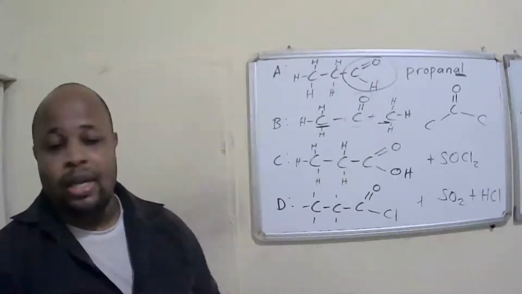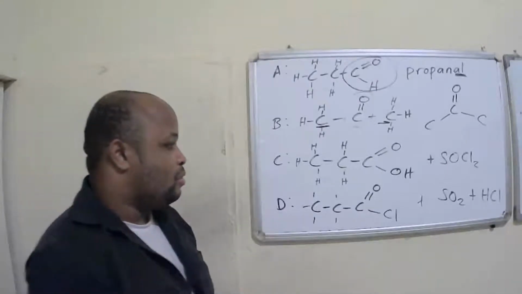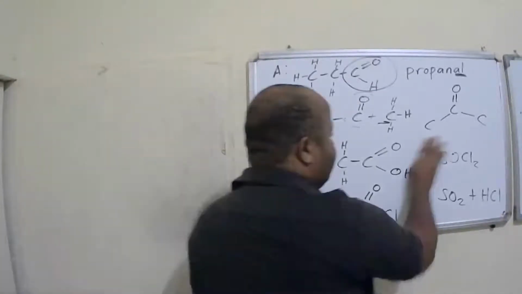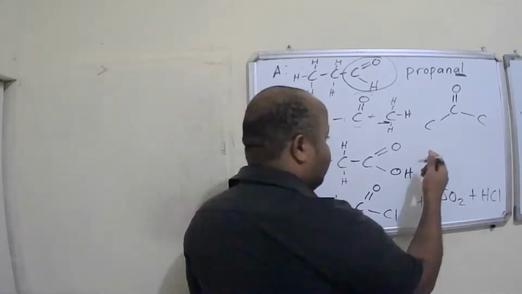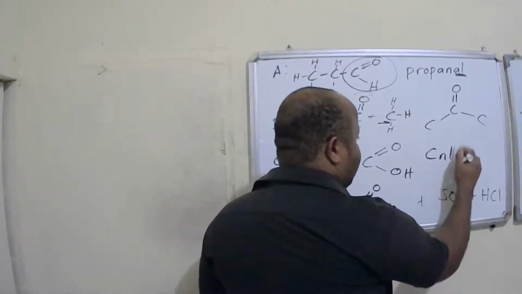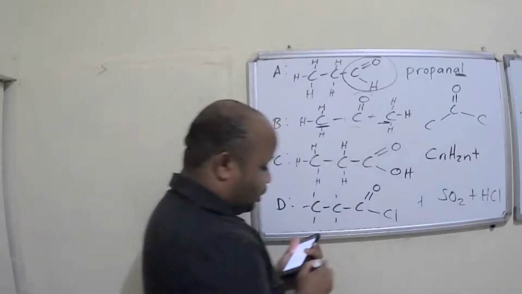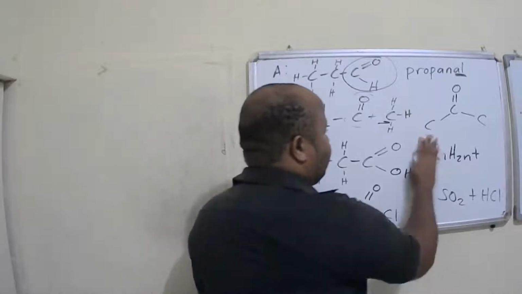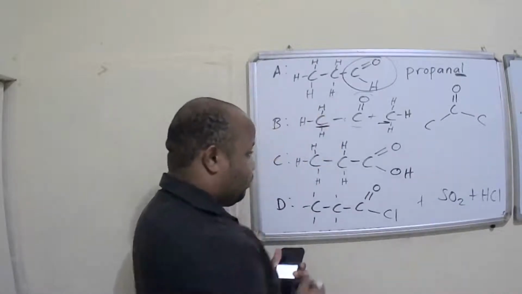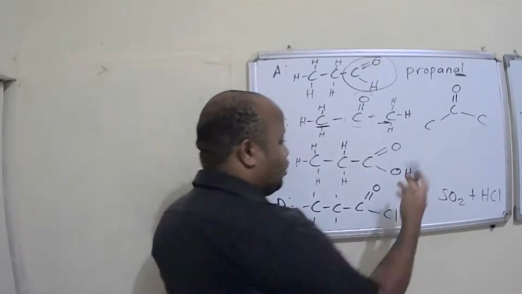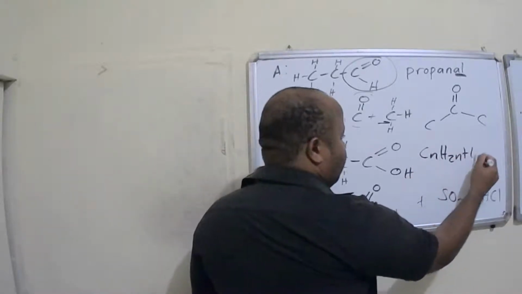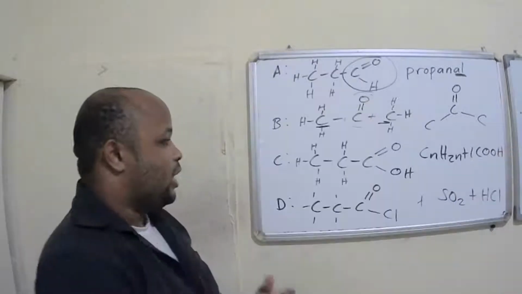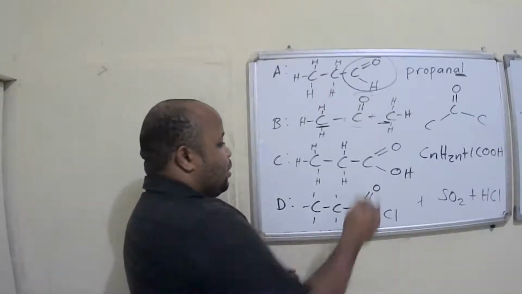The carboxylic acid, and the general formula for carboxylic acid is CnH2n+1 COOH, excluding the COOH group.